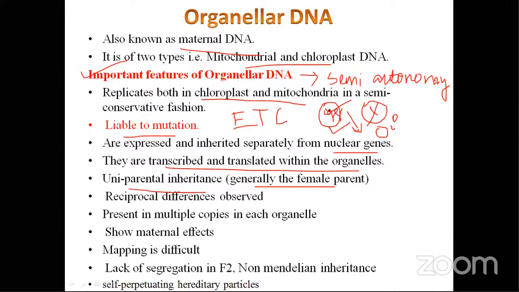Whatever organellar inheritance pattern is there in the maternal parent is carried forward to the progeny. That's why it is called uniparental inheritance, because the paternal or male parent has no role in that inheritance, as it is not contributing any cytoplasm to the progeny. That's why it is called uniparental, and generally it is from the female.